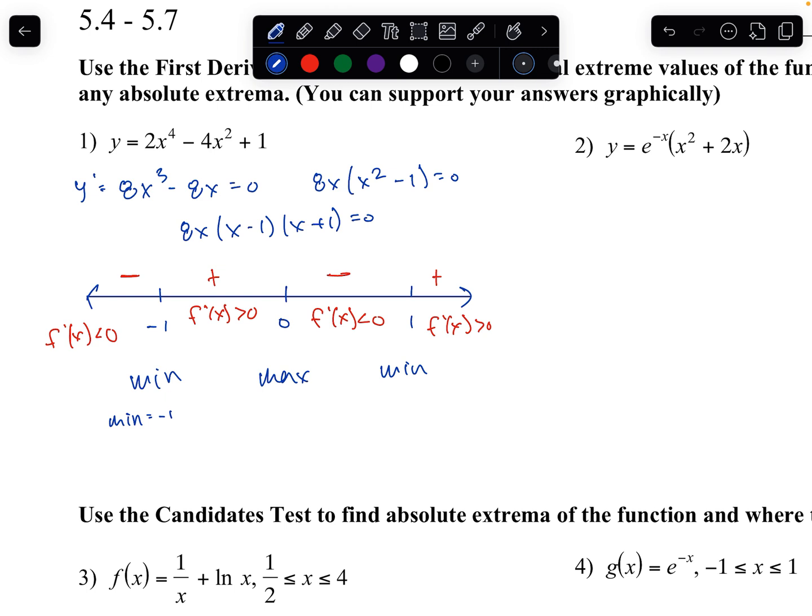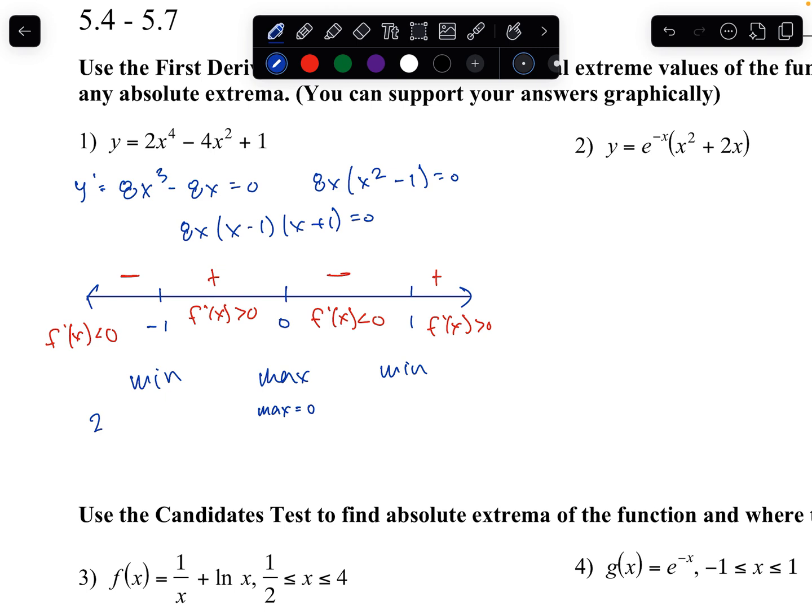If I plug in 0, I get 1. So the maximum is going to be 1 at 0. And then if I plug in 1, that's just going to be the same thing as the first one, right? Because if I plug in 1 here, that becomes 2. If I plug in 1 here, wait a minute. What did I do for this one over here? Hold on. So if I plug in -1, that's going to be 2.